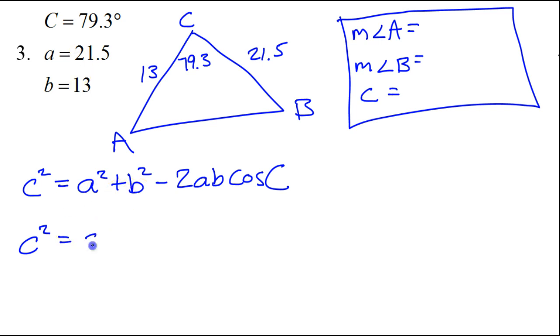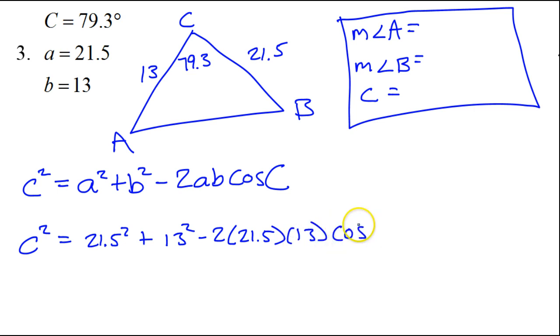So A squared, so that's 21.5 squared plus 13 squared minus 2 times 21.5 times 13 cosine 79.3.